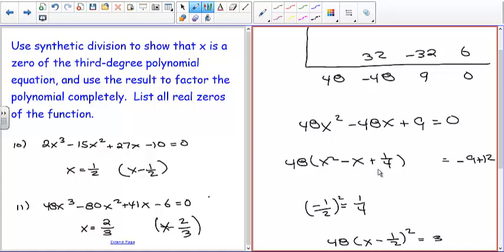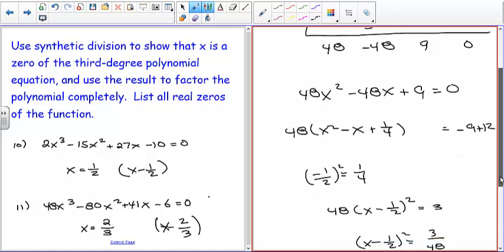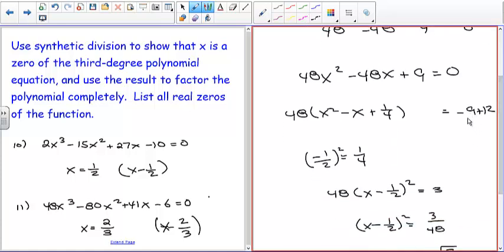We can then collapse this as a complete square by taking x plus the quantity that's inside the parentheses here, which is negative 1/2. On the right hand side we have 12 minus 9, which is 3. On the left hand side we have 48 times x minus 1/2 quantity squared.